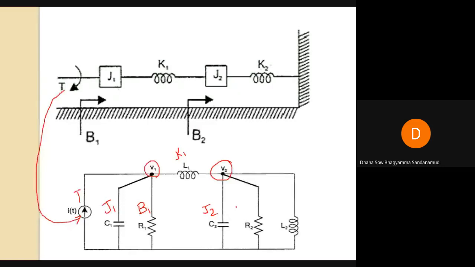Next, what is it? That is B2. B2 is analogous to 1/R2, and 1/R2 means we must connect in parallel. Next, what is it? K2. K2 is analogous to L2, so connect L2 in parallel. This is B2. This is K2.